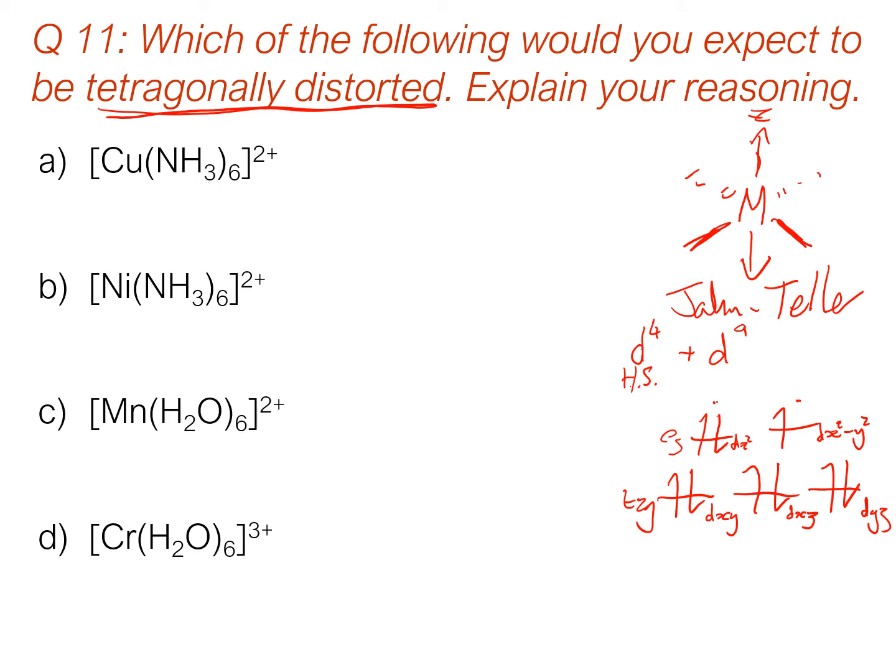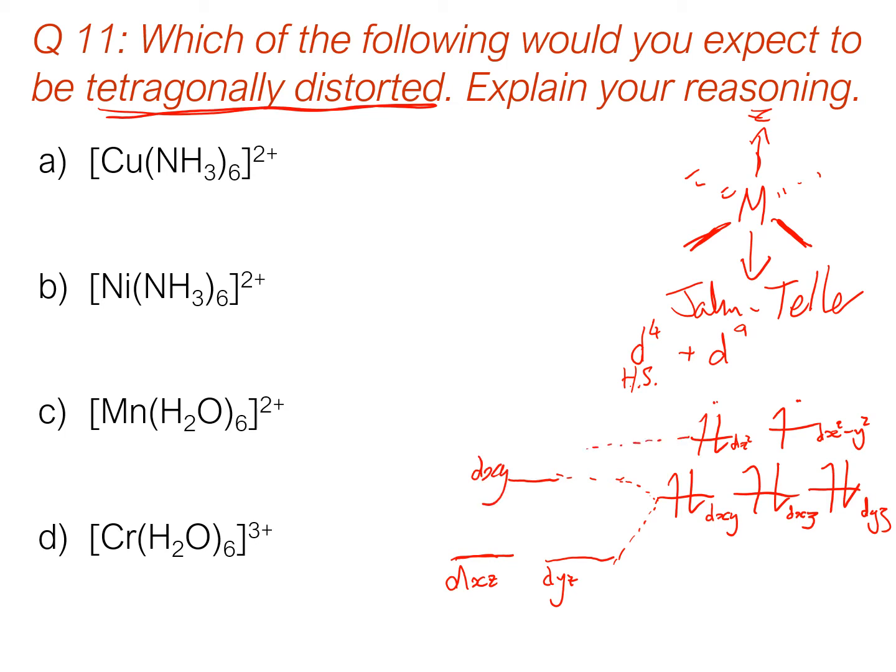So let me get rid of these labels so I can draw it easier. From here, we'll end up getting 2 that are lower, the dxz and dyz orbitals. To compensate for this lowering of energy, the dxy will actually go slightly higher. And then we have the same thing here.